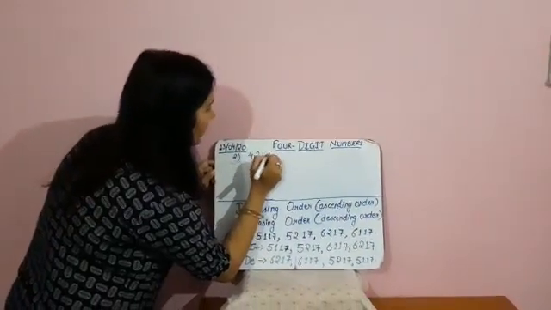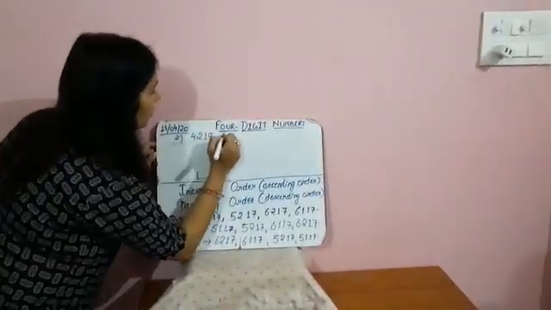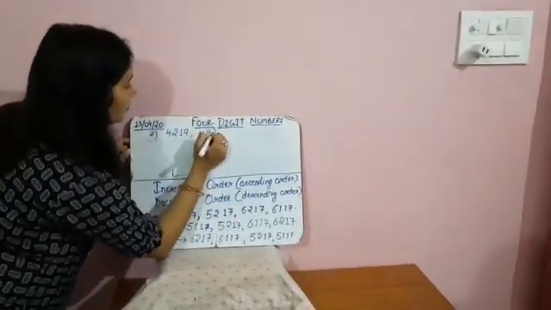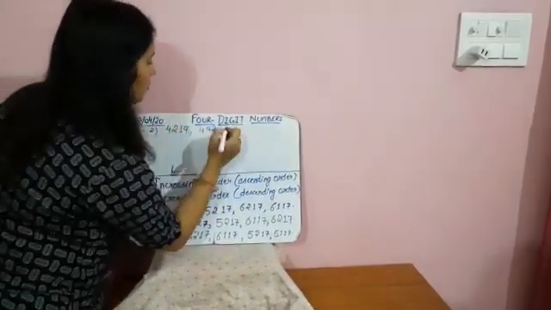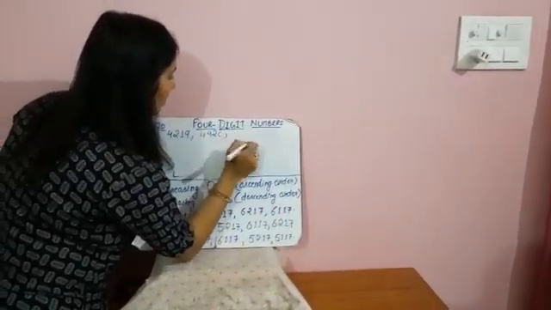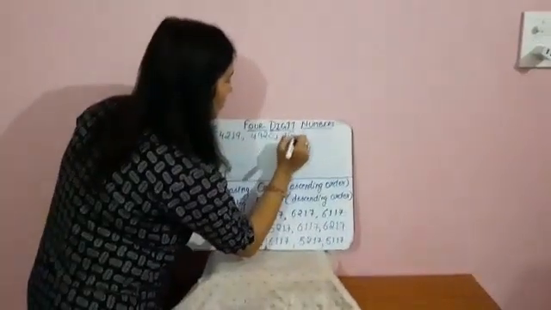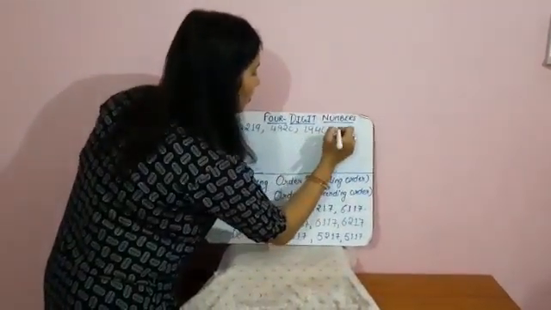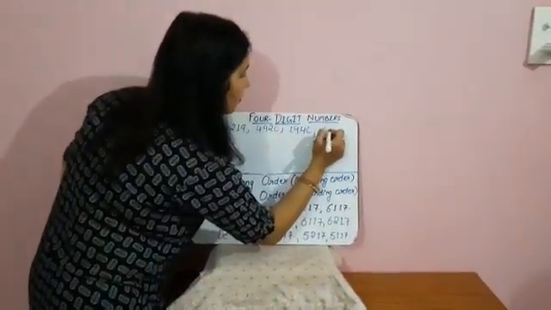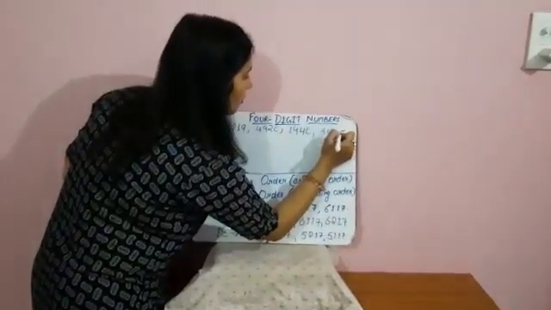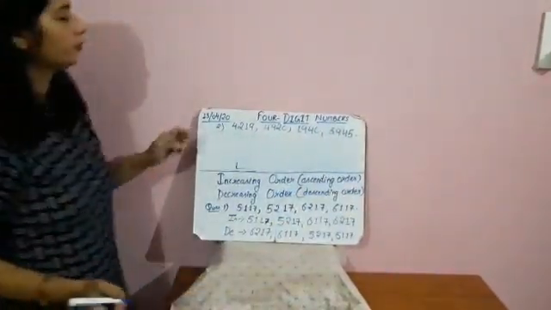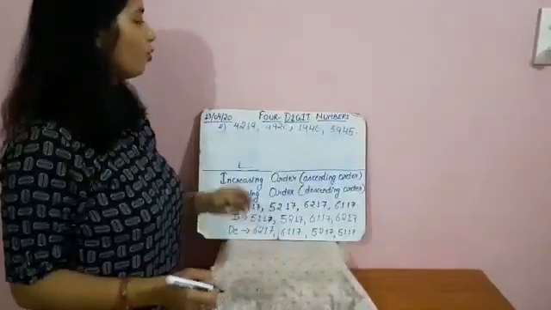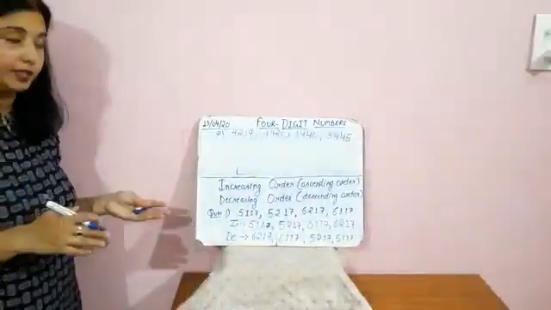Suppose these are the numbers: 4290 and the others. So these are four numbers and we have to arrange them in increasing and decreasing order.